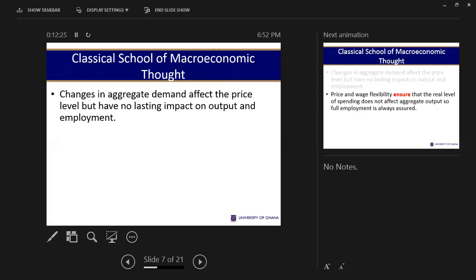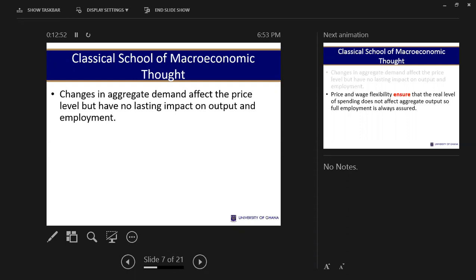You can't cause a real change. When we talk about real change, we are talking about changes in the real factors like output. So before we go on, this is what you need to bear in mind. Whatever we'll be talking about, just know that any factor that will cause a change in demand cannot, even if it affects it, it is seen as a temporary change, which means that output will always go back to equilibrium.